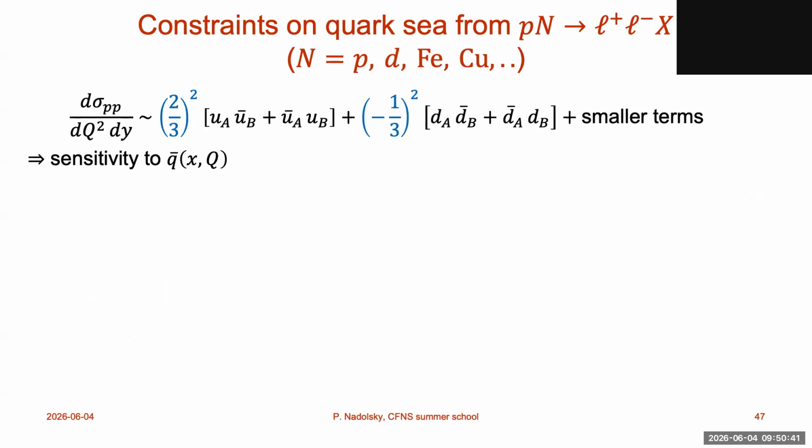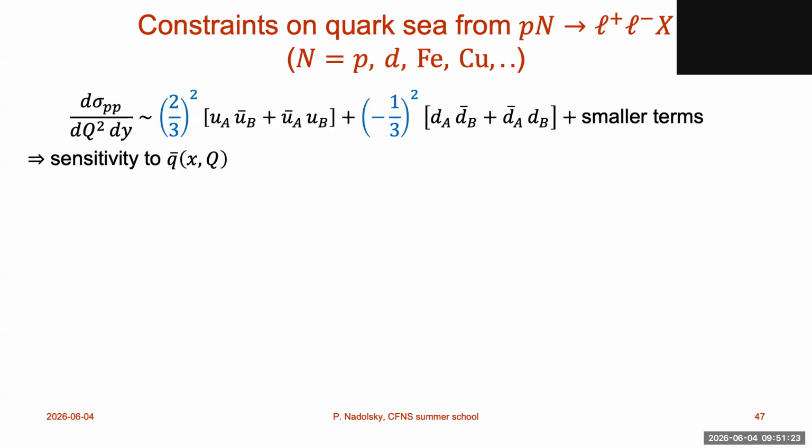So let's quickly take a look at what happens in the Drell-Yan pair production case. Suppose I take a proton on a generally defined hadron or nucleus, where capital N can be the proton, deuteron, iron, isoscalar, copper, etc. If you write down the leading order prediction for this cross section, you see that you always have combinations of the quark PDFs with the anti-quark PDFs in the cross sections, weighted by different factors.